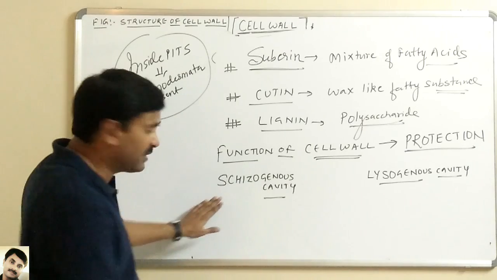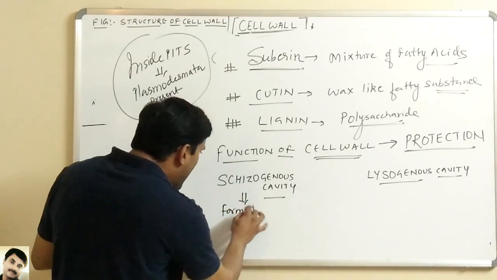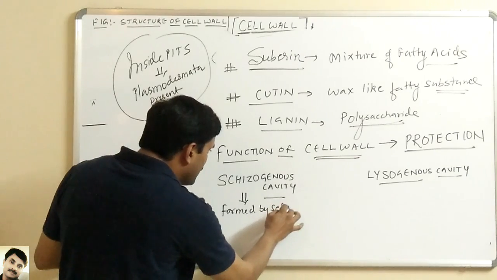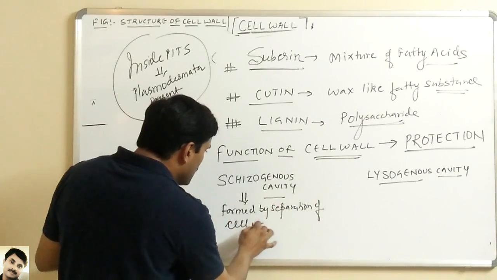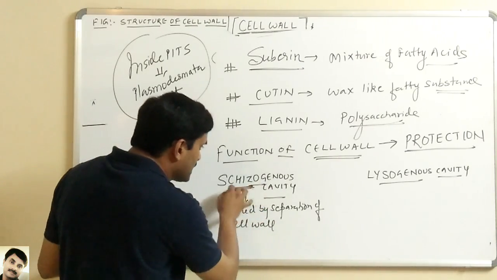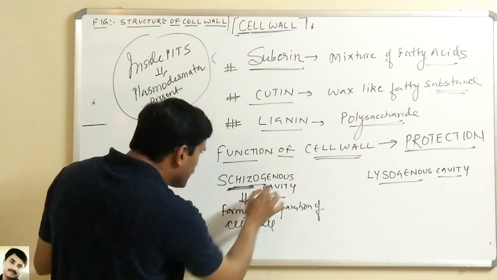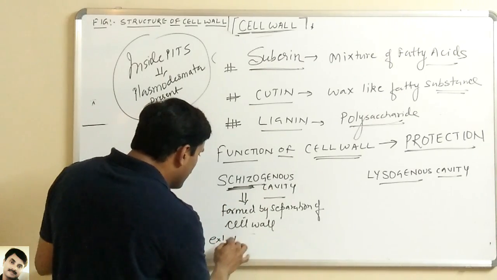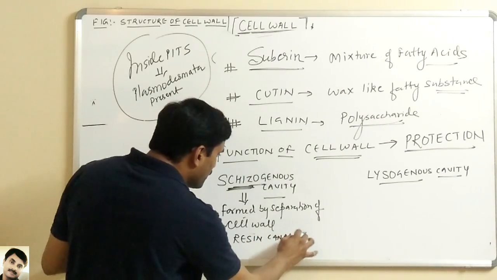You must know that the cytogenous cavity is formed by separation of the cell wall. Cyto means separation, splitting. The best example of the cytogenous cavity is the resin canal of Pinus.